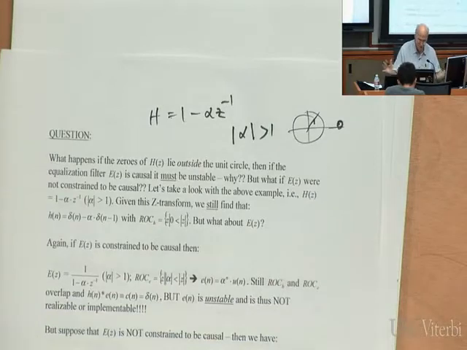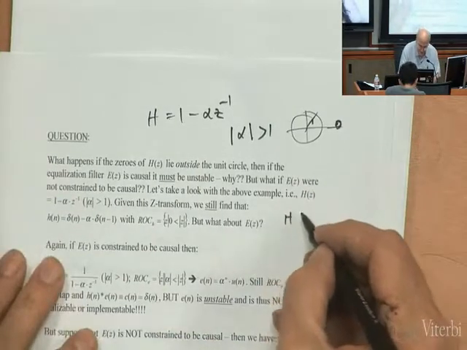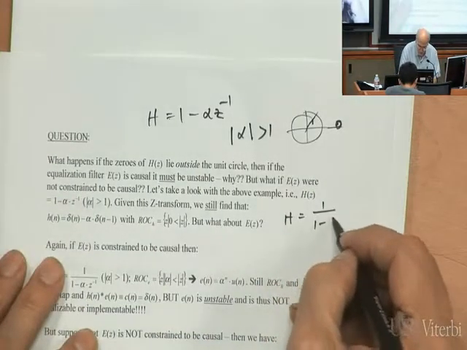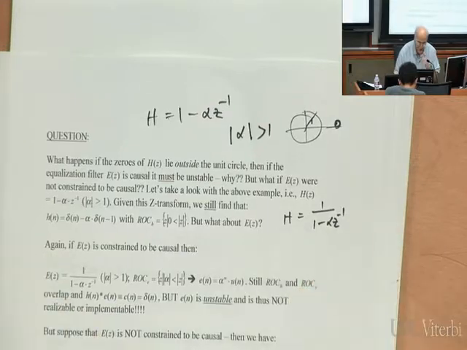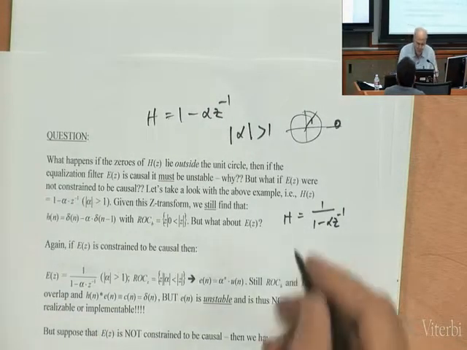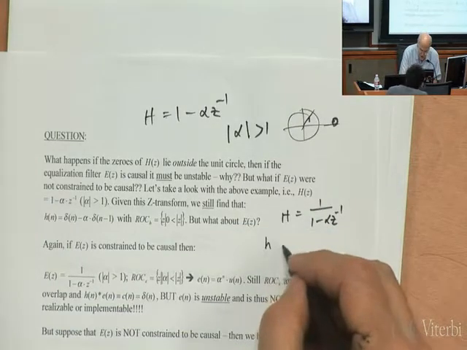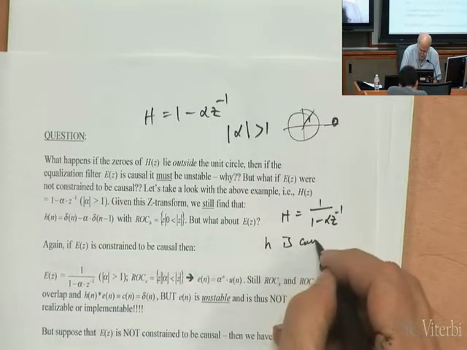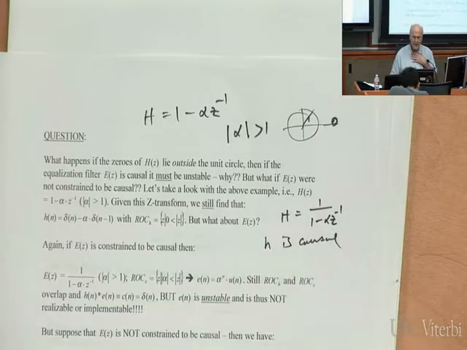Because let's use our trick again. H is equal to 1 over 1 minus alpha z inverse. And I want to make this something you can implement, so I will say H is causal. Fine.